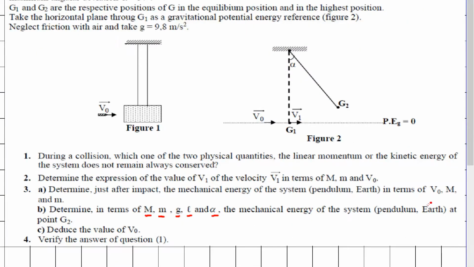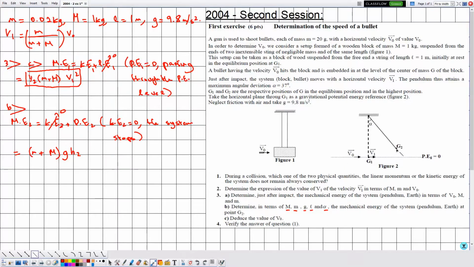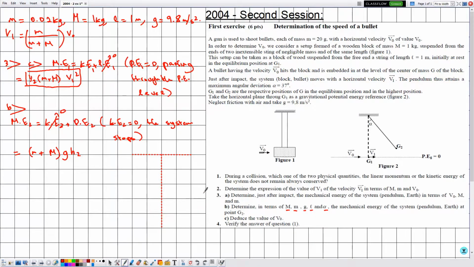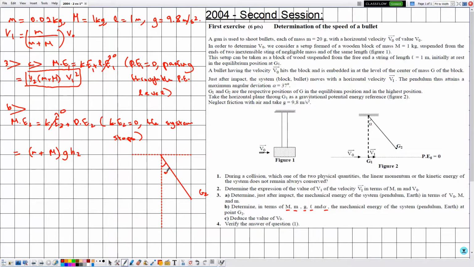Now notice that we are interested in determining this height. So let me include this as a part of the answer. So this is G2. This is the string. This is alpha.